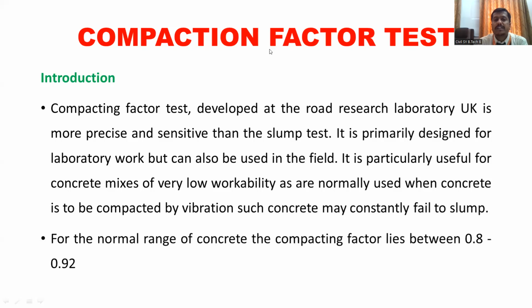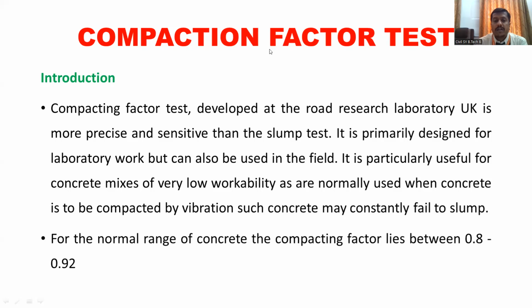The compaction factor test was developed at the Road Research Laboratory in the UK, and it is more precise than the slump cone test. But still in India we are using the slump cone test only. It was primarily designed for laboratory work, but can also be used in the field. It is again one instrument, but not as handy as the slump cone; the weight of this machine is a little bit more.